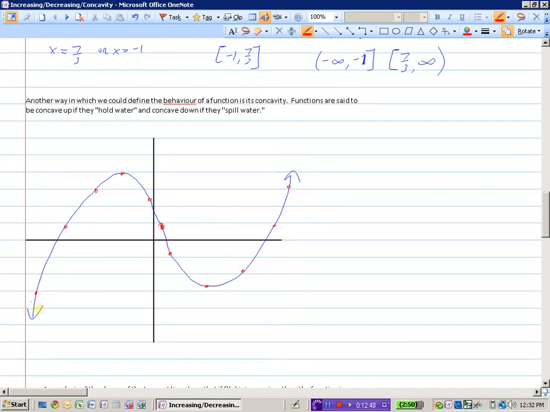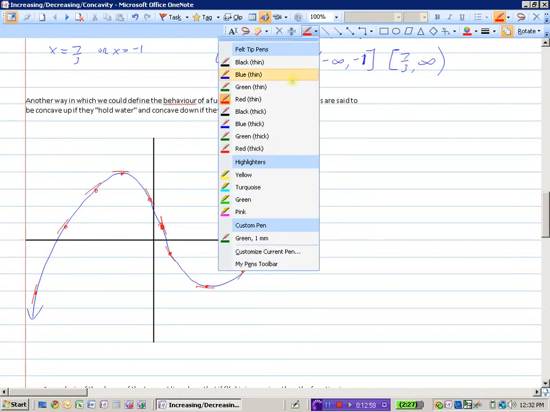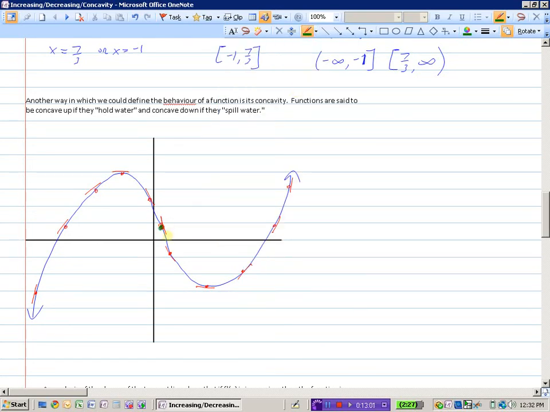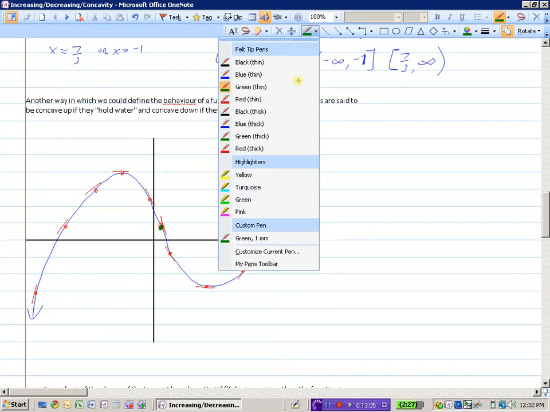And if we looked at these tangent lines, and I'm just going to change this point here to a green dot, because that seemed to be where our concavity changed. Let's look at these slopes.